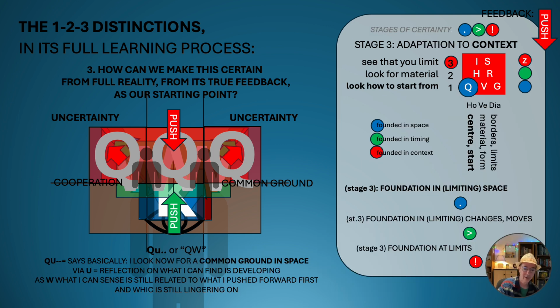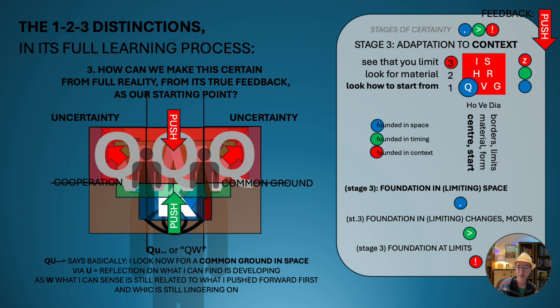So Q with U combined, or with QUOI combined, basically says we look now for a common ground in space, the U. The U says it's a reflection from what I can find, which is developing, and with the word I can sense what is related, what is pushed forward from what I think, and which is still lingering on, though you know that already.